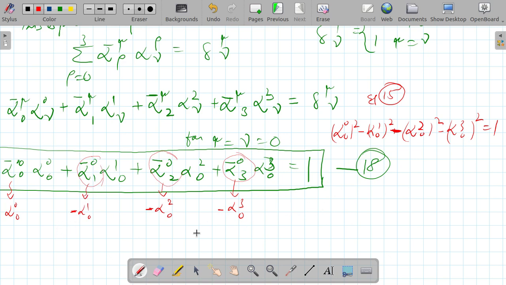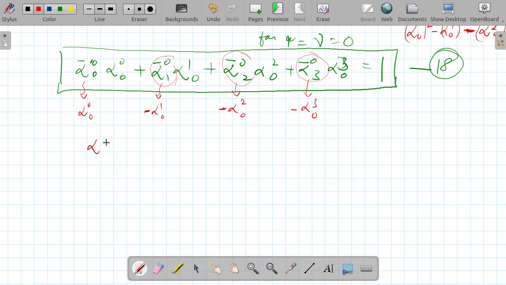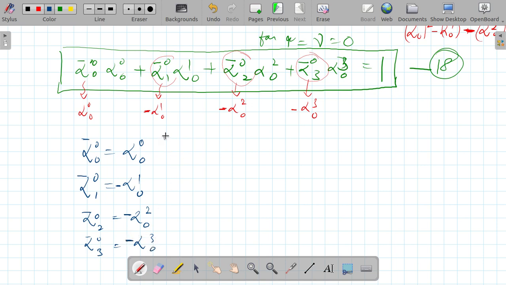This is possible. Or in general I can write alpha bar 00 equal to alpha 00, and alpha bar 0I equal to minus alpha I0. Here I varies from 1, 2 and 3.